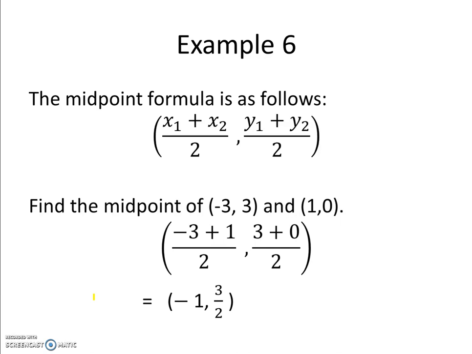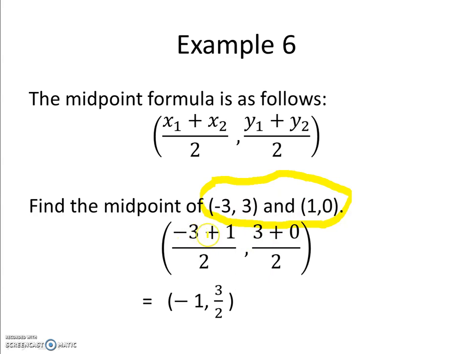Now we're looking at something different yet. It's the midpoint between 2 points. It's the same idea, the x1, y1, and x2, y2. So to find the midpoint of these 2 points, we simply add x1 and x2. So there's the negative 3 and there's the 1.